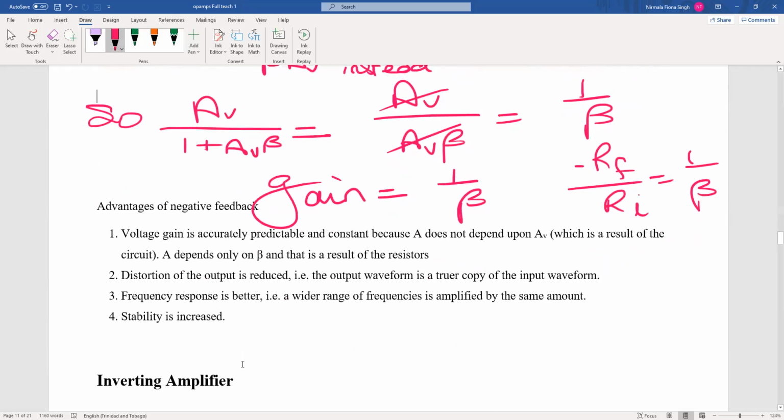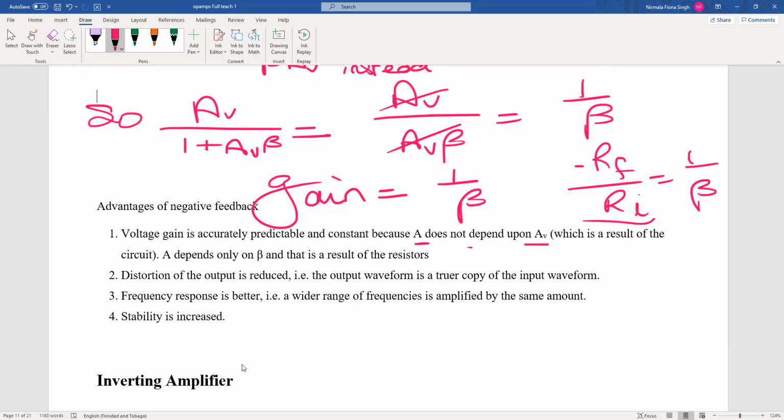We did the advantages of negative feedback the other day. If we want, we could go through it again. Voltage gain is accurately predictable and constant because it does not depend on the gain of your amplifier itself. It depends only on beta, which is a result of your resistors.